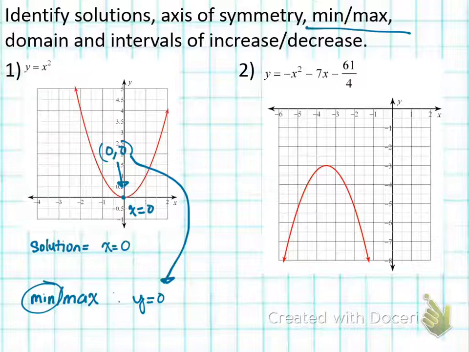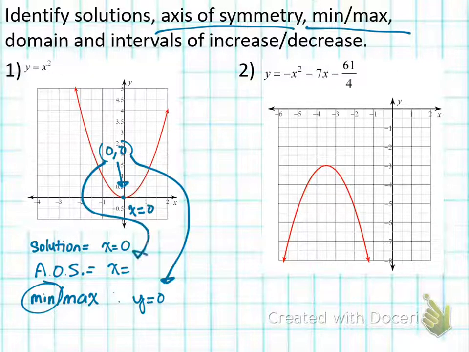Okay. Then going back, I forgot to do axis of symmetry. So the axis of symmetry is what line is it reflecting across? It's this line in the middle, and the axis of symmetry, I'm just going to write AOS. You write x is equal to, and you copy the number from the x part of your vertex over here. So our axis of symmetry is this line in the center.